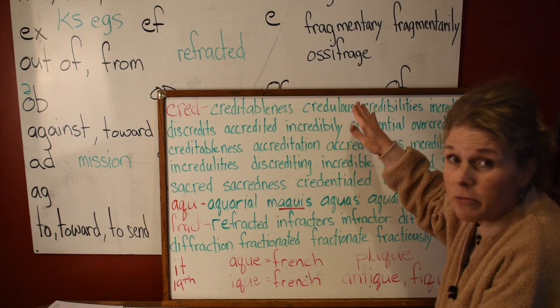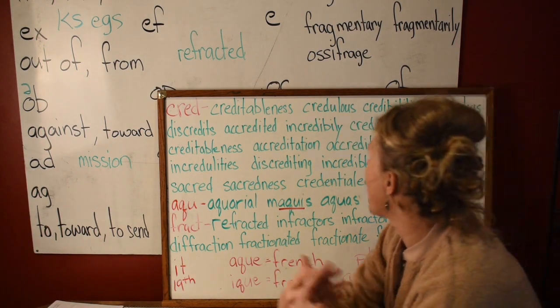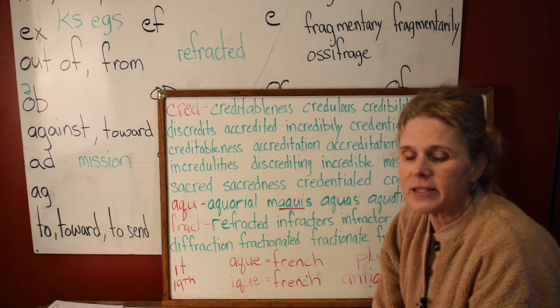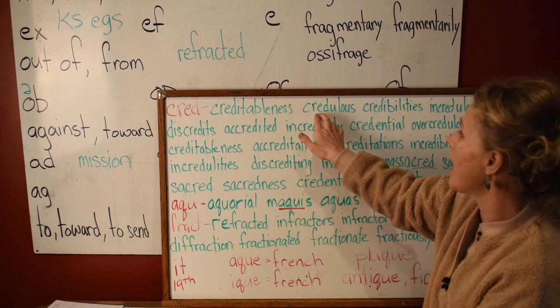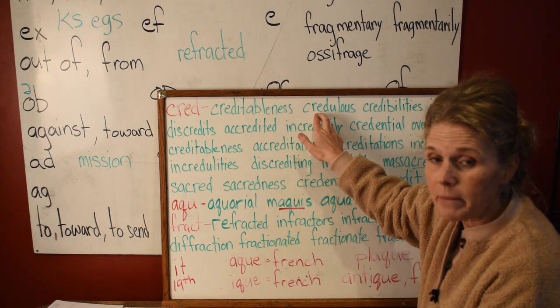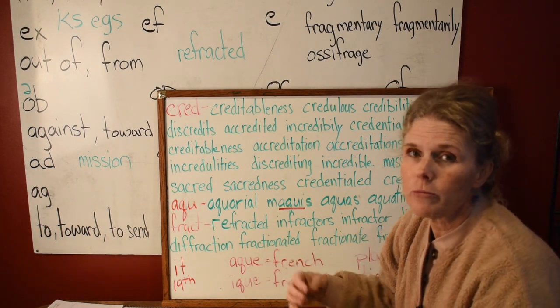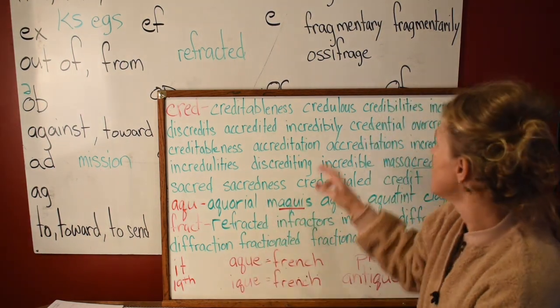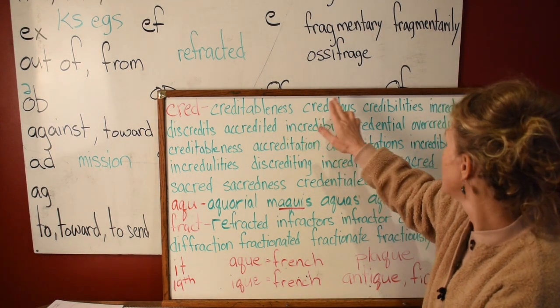Credulous, it has a different meaning. It means, OUS means full of or abounding. So if you think about that, Daniel, if you think you're full of or abounding in cred, what would that mean? Believe. Yeah, you are full of, or maybe you're overzealous in believing something to be true, okay?